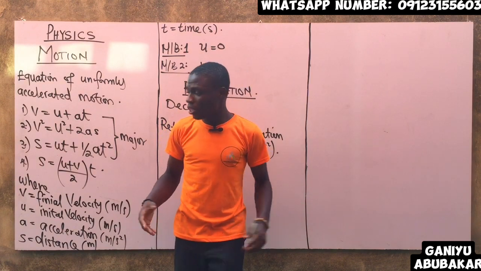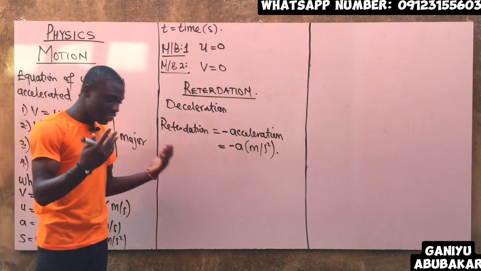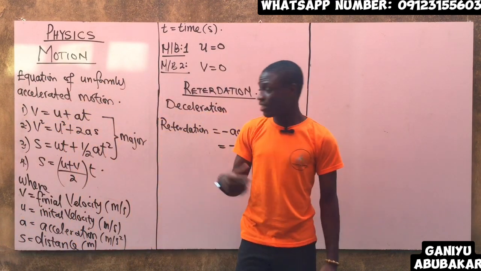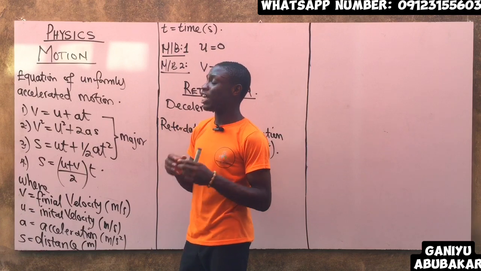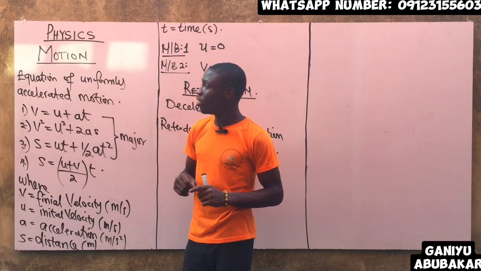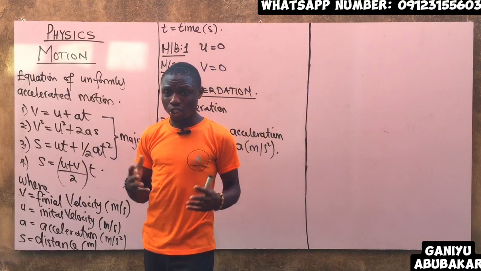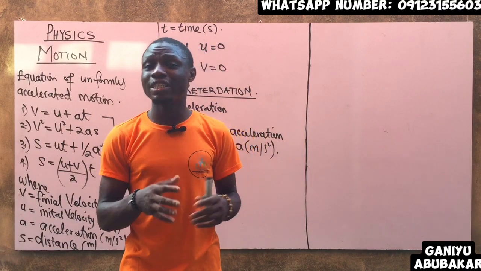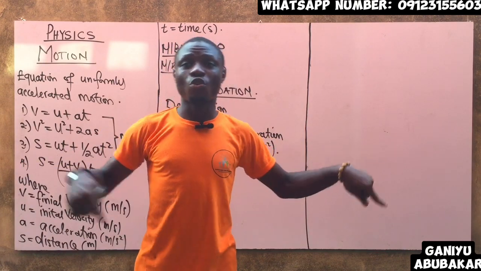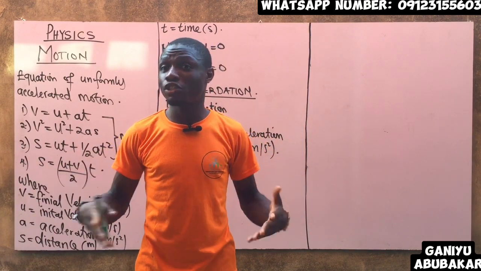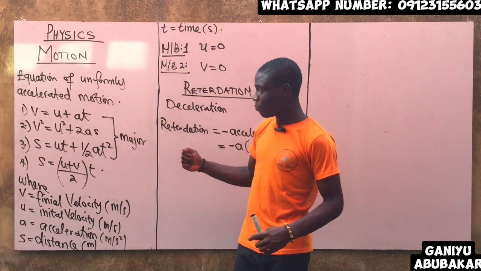So when a body is traveling a distance, the word distance actually represents a horizontal motion. So in the equations of uniformly accelerated motion, note that the object is traveling horizontally, either left or right. That's the idea behind this.